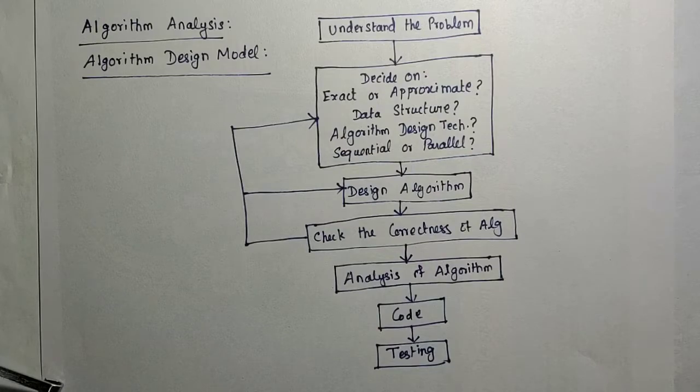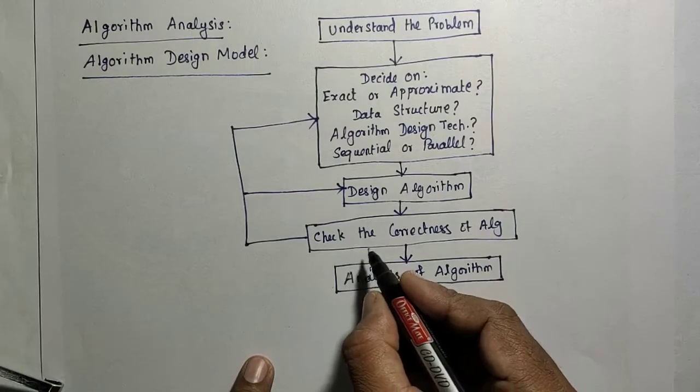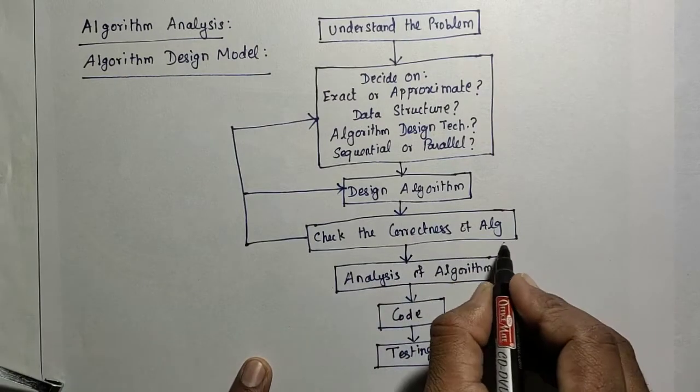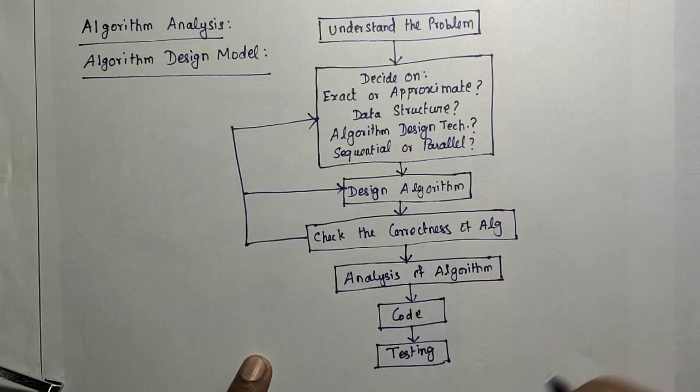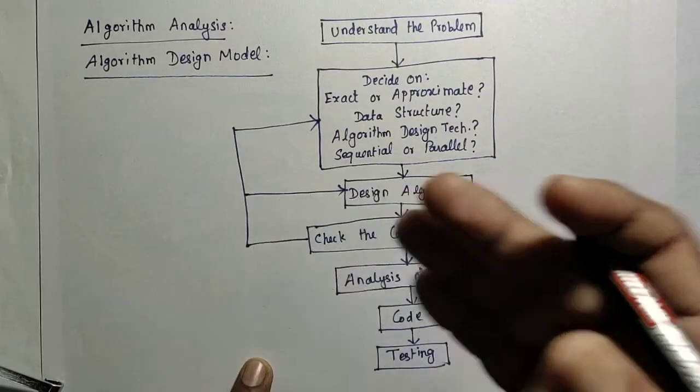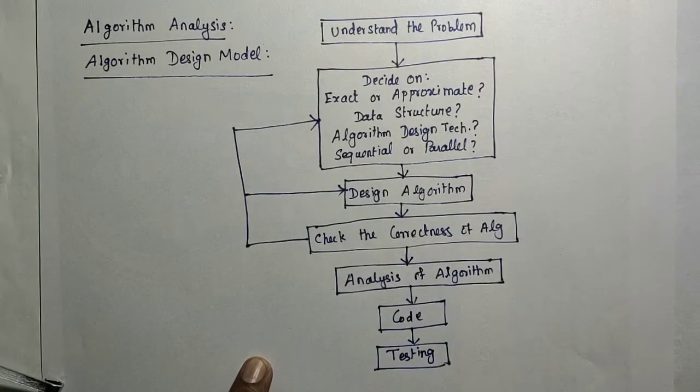If the result itself is wrong, then what is the need of that algorithm? So first I have to check the expected output is correct for the various inputs. Mathematically we can check the correctness of that algorithm, or by testing, by giving some input, by tracing that algorithm, we can check the correctness.